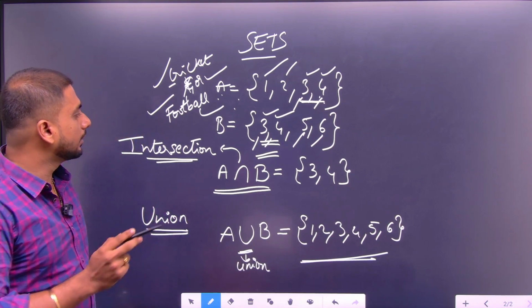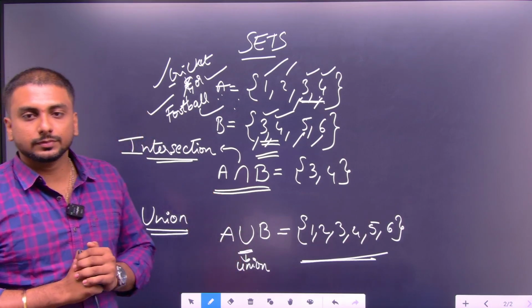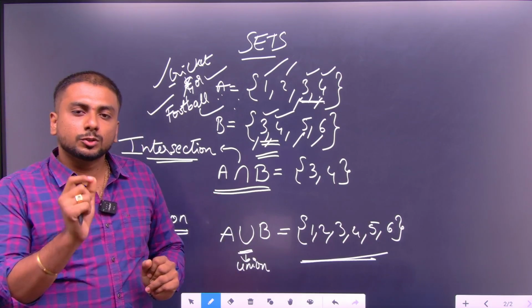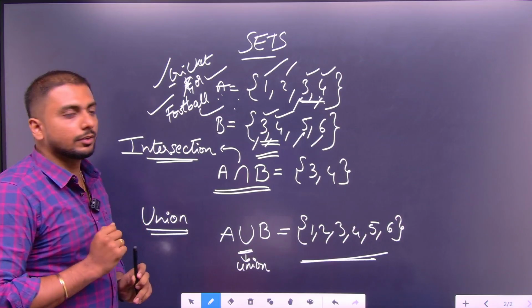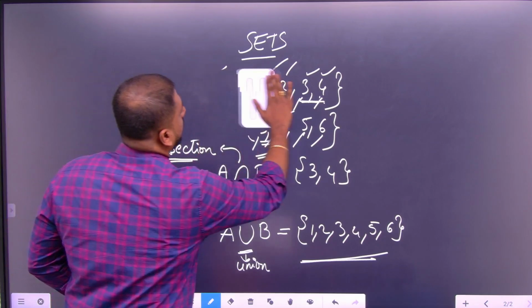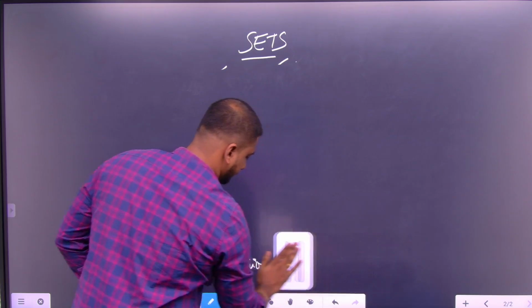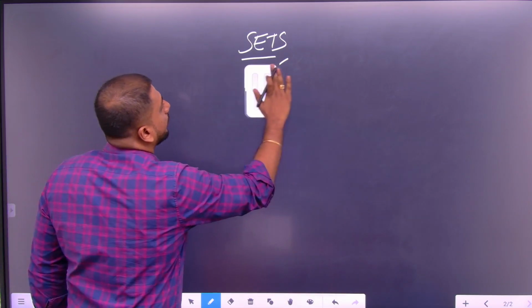After that we moved towards intersection and union of two sets. Now we will have one more small topic in addition to this, known as the complement of sets. What do you mean by a complement of a set?